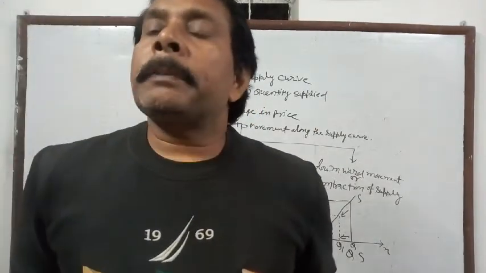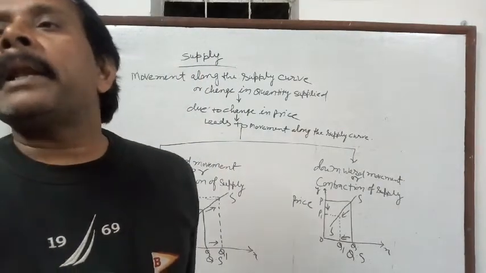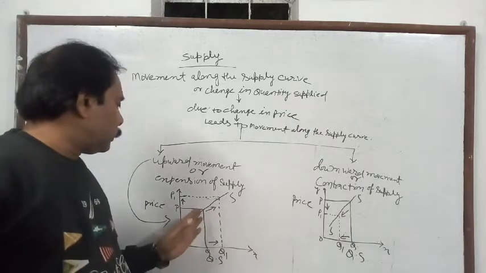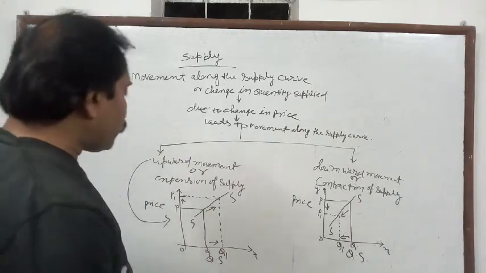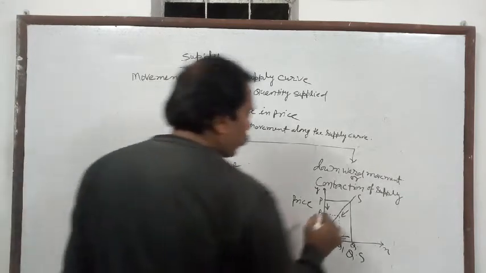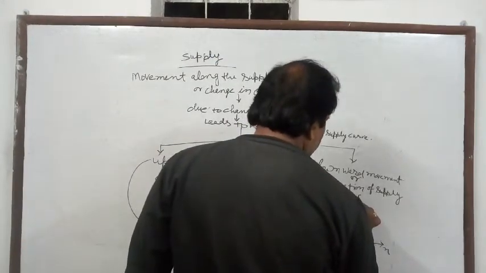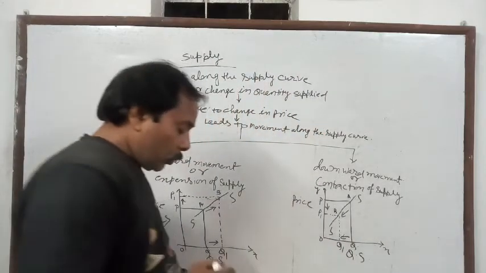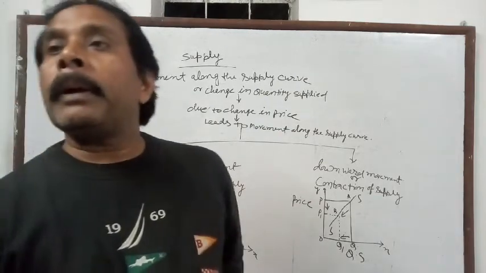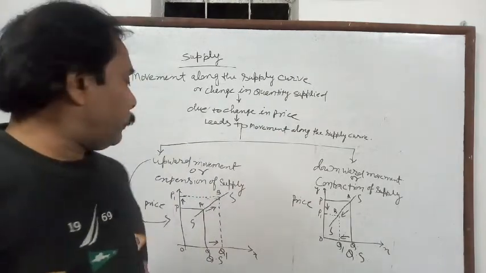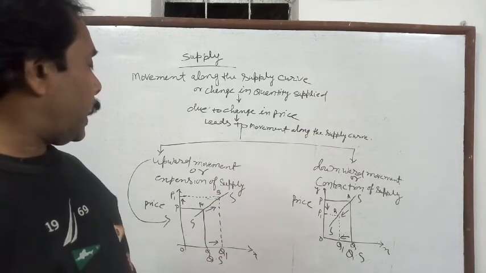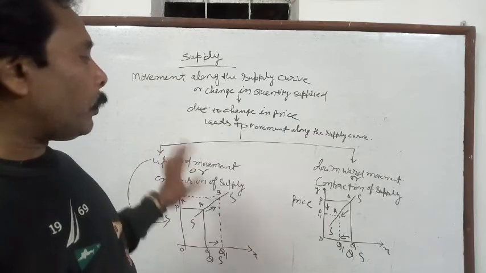So expansion of supply is an upward movement. Suppose we write down the names A, B here, and here also A, B. Expansion of supply means the supply curve moves upwards from A to B, or from OQ to OQ1, as the price increases from OP to OP1.